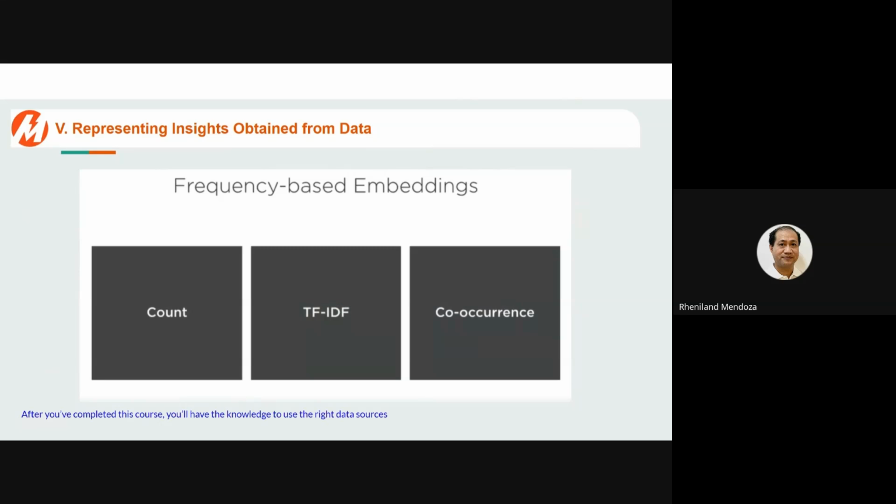The count vector encodings, which give you a count of how often a word occurs in a document. Then there is TF-IDF encoding, where TF stands for term frequency, and IDF stands for inverse document frequency. And finally, you can encode words based on co-occurrences. Co-occurrences capture how often a particular word occurs in the context of its surrounding words.